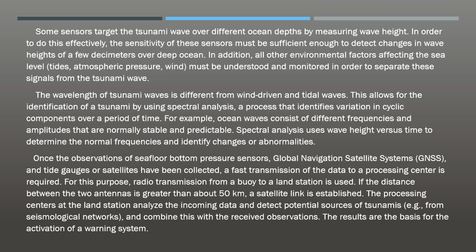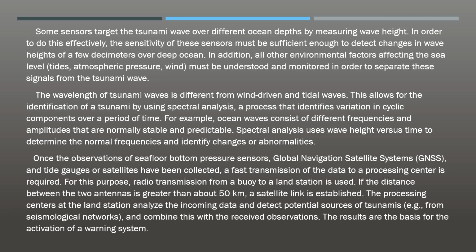Once the observations of seafloor bottom pressure sensors, Global Navigation Satellite System (GNSS), and tide gauges or satellites have been collected, a fast transmission of the data to a processing center is required. For this purpose, radio transmission from a buoy to a land station is used.